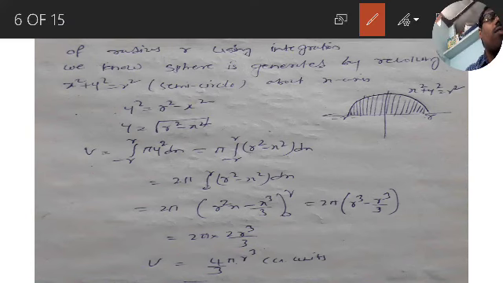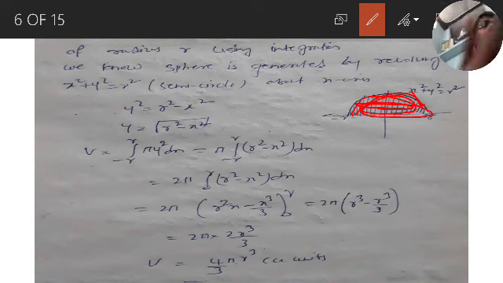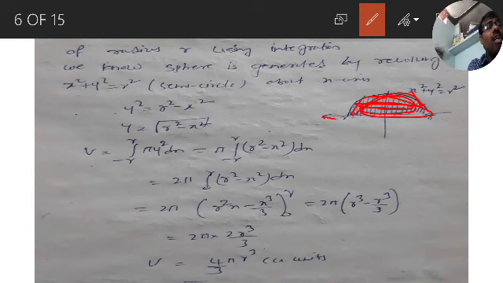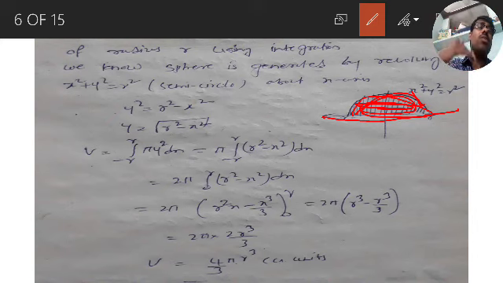You can see the figure also. This is the semicircle given. If you rotate this semicircle area about the x-axis, you can imagine the semicircle area is rotated around the x-axis. If you take one round about the x-axis, this semicircle area generates, what does it generate?